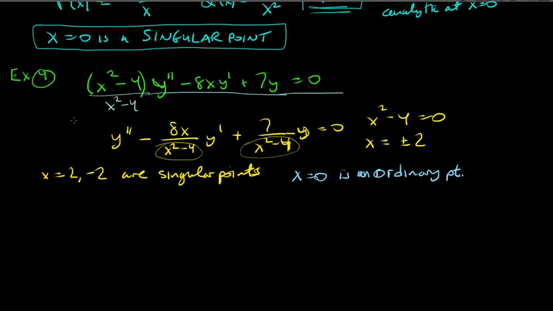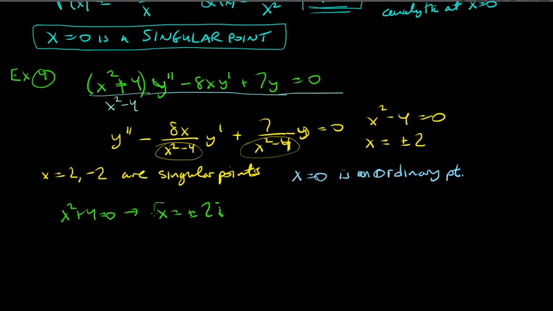Okay? To make things more complicated, you can have imaginary numbers as your singular points. So for example, if this were x squared plus 4, then when you set that equal to 0, you get x equal to plus or minus 2i. And those are going to be singular points for that equation. And you might say, well, if they're imaginary, who cares?